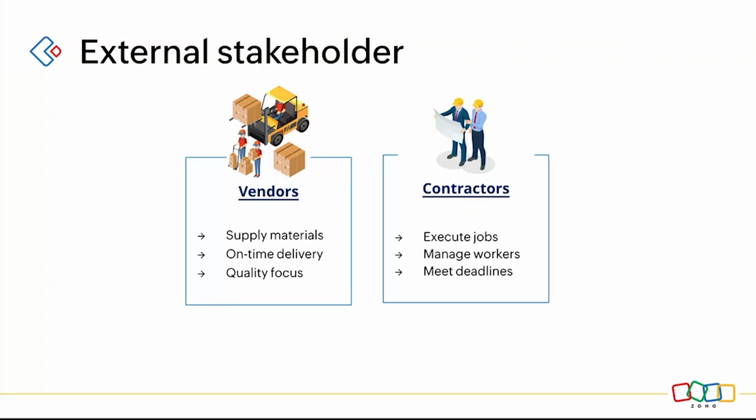I can onboard the contractor, execute the job, manage the workers, and he will make sure the deadline for the project is met. So he is going to be an external stakeholder of our application. So these are the users of our application.